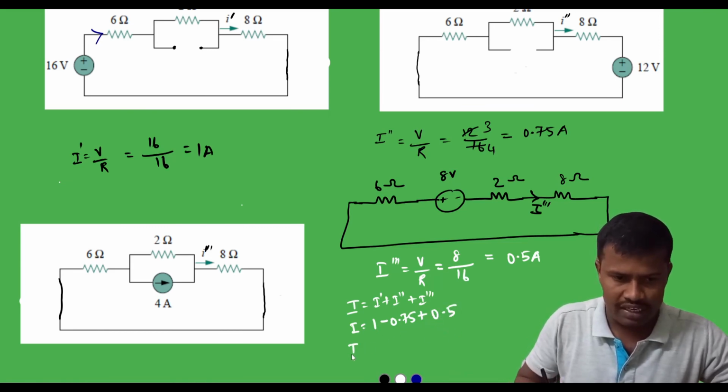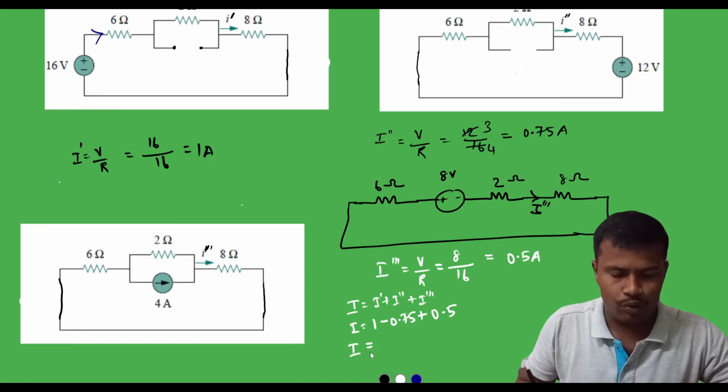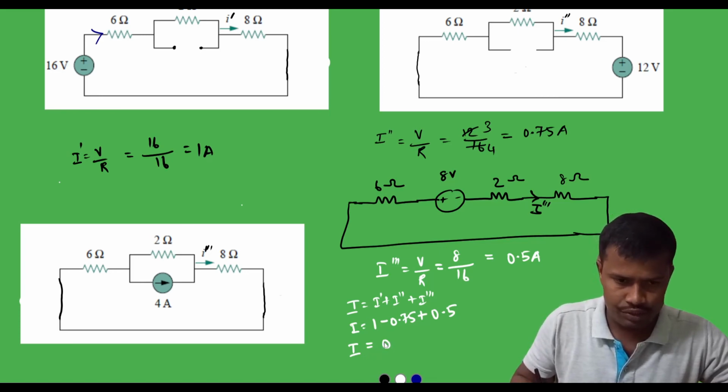So the total current passing through the 8 ohm resistance when all the sources are connected is 0.75 amps.